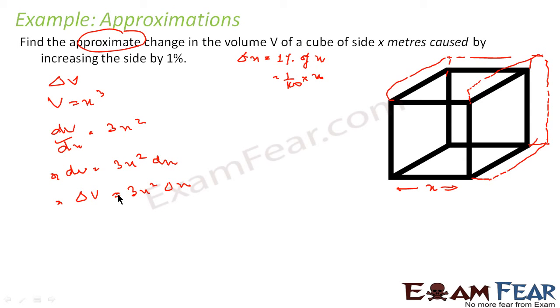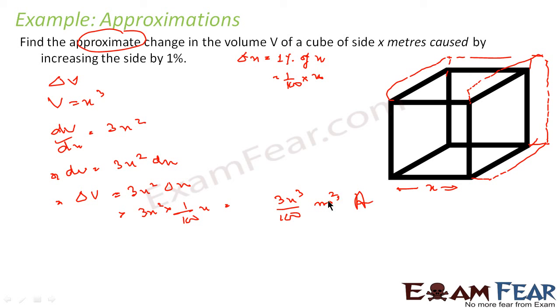Correct? Delta x I know. Let's put the value: 3x square into delta x, that is 1 by 100 x, which is nothing but 3x cube by 100. And this is in meters, so meter cube. That is my answer. Very simple.